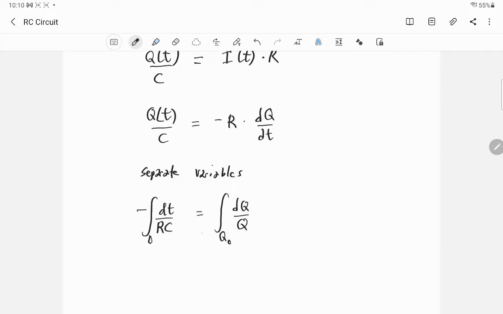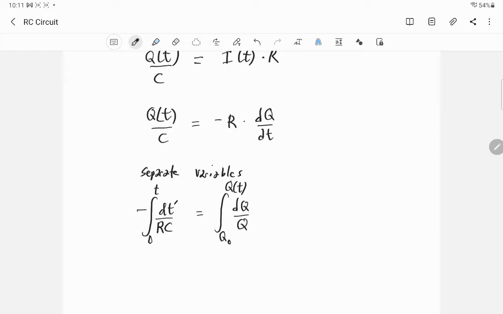And if I wait a certain amount of time, so this has to be promoted to a dummy variable or demoted, right, so I can do the integral, then the charge is going to become q of t, the time-dependent charge. That's how I make the bounds agree.